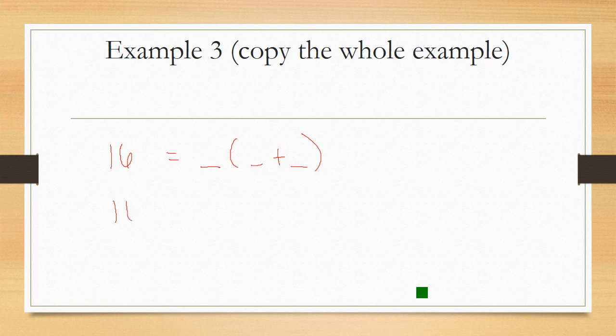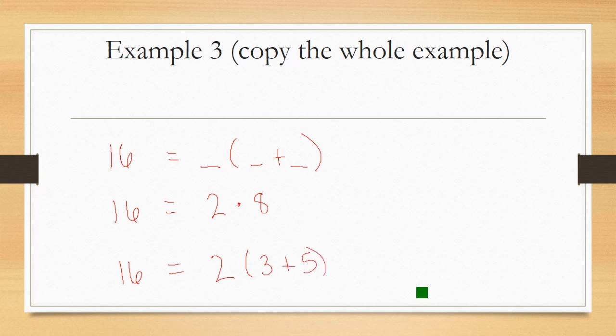First we need to rewrite this as a product. So let's do 2 times 8, and then rewrite the 8 as a sum. So 2 times, let's do 3 plus 5.